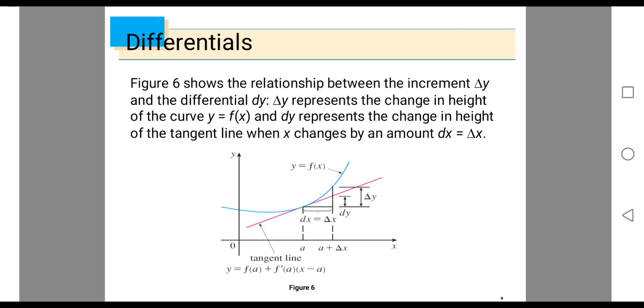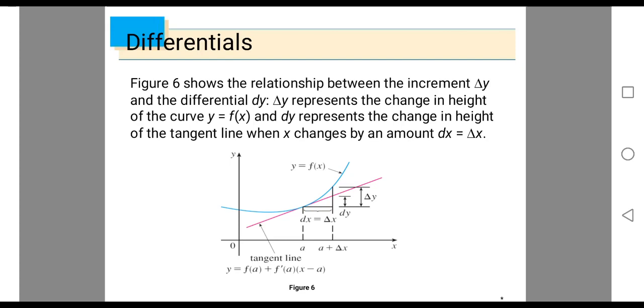Then the differential dz, also called the total differential, is defined by this particular equation. We have to remember that when we involve our dz, it is known as the total differential.